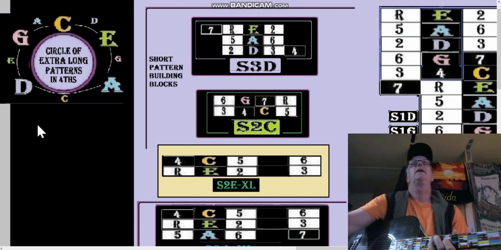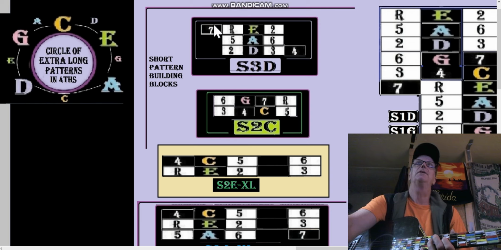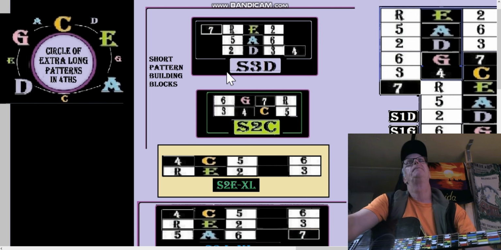We're going to look at that 5-6 as the 5-6 in this S3D and just go over and get our 7L. You see the 7L? 7, and there's an L. We're going to go over and get that 7 right there. So that's shape fitting, really. We're shape fitting. That's what we're going to do.